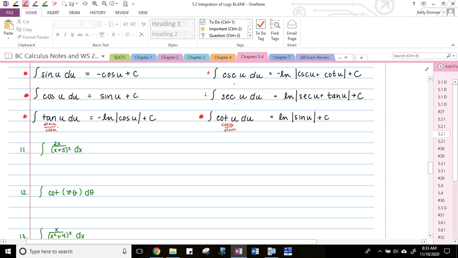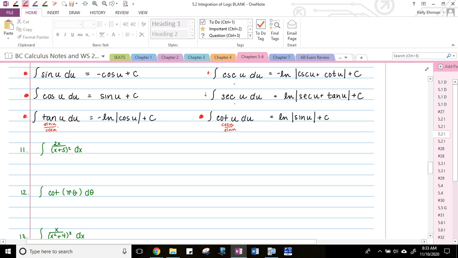All right, so number 11, we have the integral of 2x over x plus 5 squared. So again, you can think about saying, well, what if this is x squared plus 10x plus 25? But then you're going to get du is 2x plus 10, and you only have 2x here.